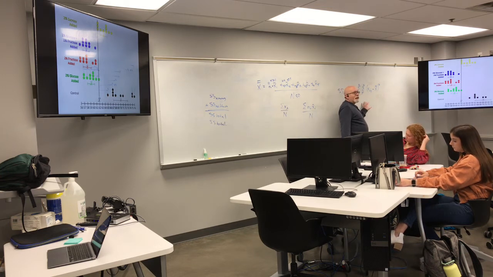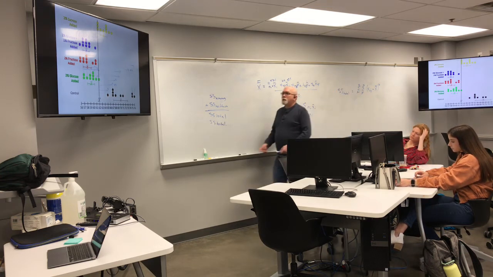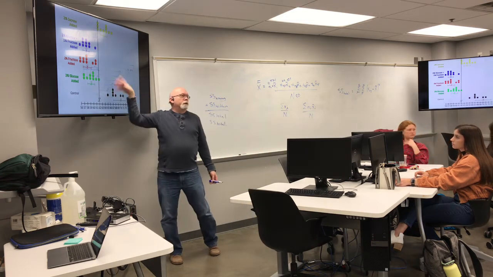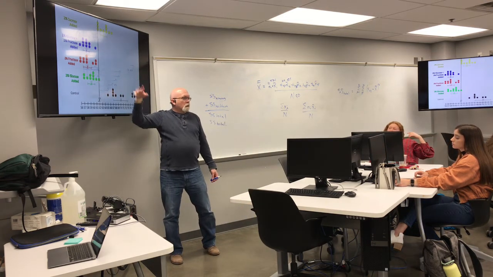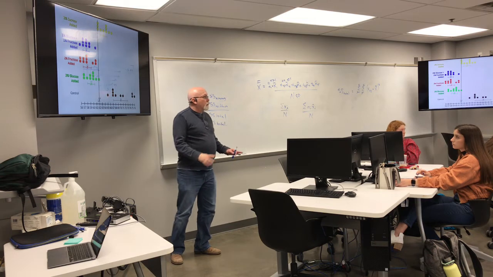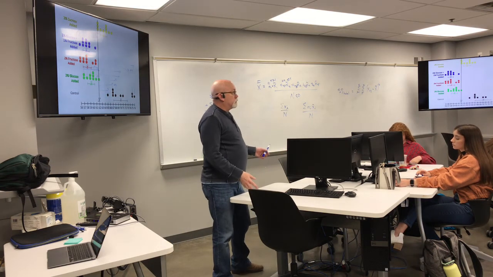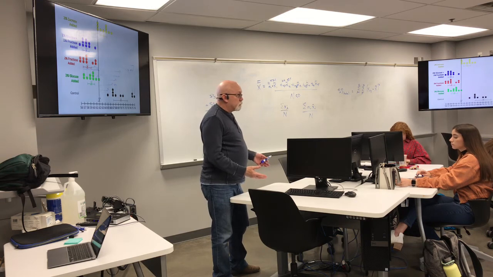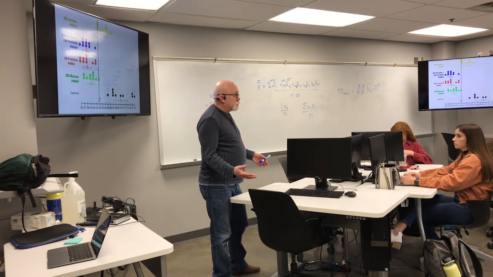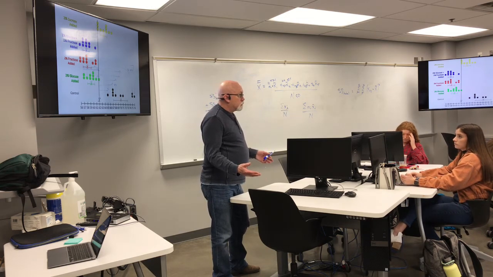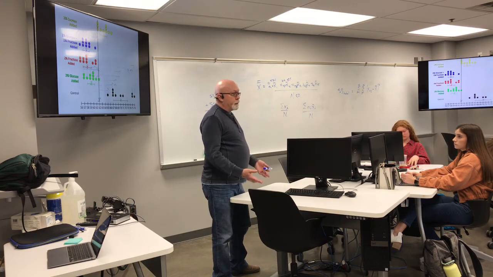But this is just an equation that says, do this. I'm never going to ask you the equation. I'm never going to give you the equation, except as a reference. Know how to do it.